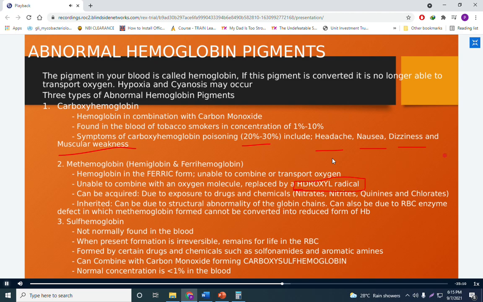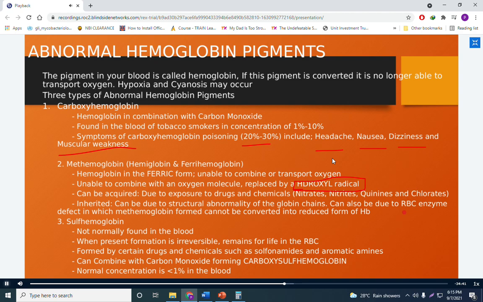This can be acquired due to exposure to drugs and chemicals such as nitrates, nitrites, quinines, and chlorates. And it can be inherited due to structural abnormality of the globin chains, and can also be due to RBC enzyme defects in which hemoglobin cannot be converted into the reduced form of hemoglobin.